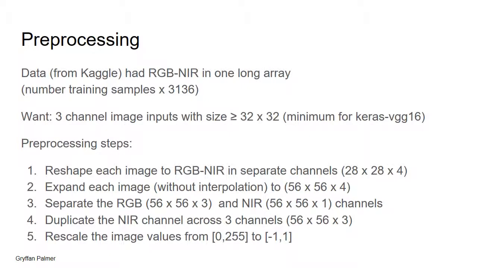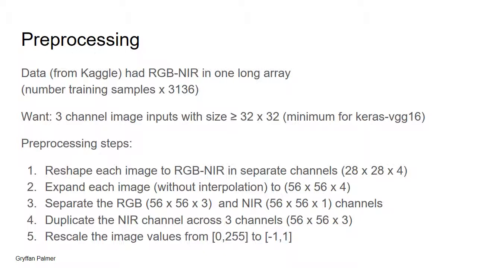So next we had to pre-process our data because the original data set from Kaggle had RGB and near-infrared stored in one long array, and our VGG model required 3 channel image inputs with size 32 by 32 or larger. So first we reshaped each image to RGB and near-infrared in separate channels. And from there we expanded each image without interpolation to an image size of 56 by 56 pixels, each containing the original 4 channels.